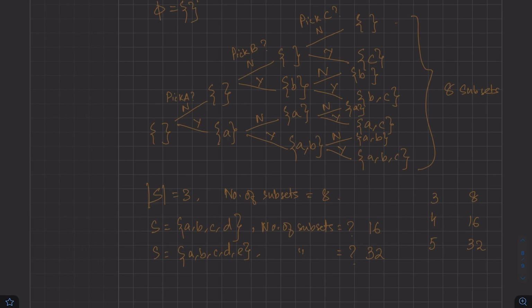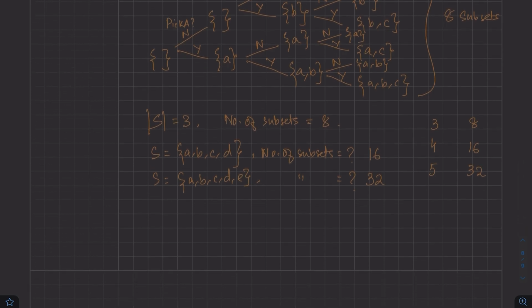If you go on increasing the number of elements, you would quickly see for 6, you will have 64, for 7, 128, and so on and so forth. Can we claim the number of subsets of a set with n elements is 2 to the power n? Let's try to prove or disprove this claim.